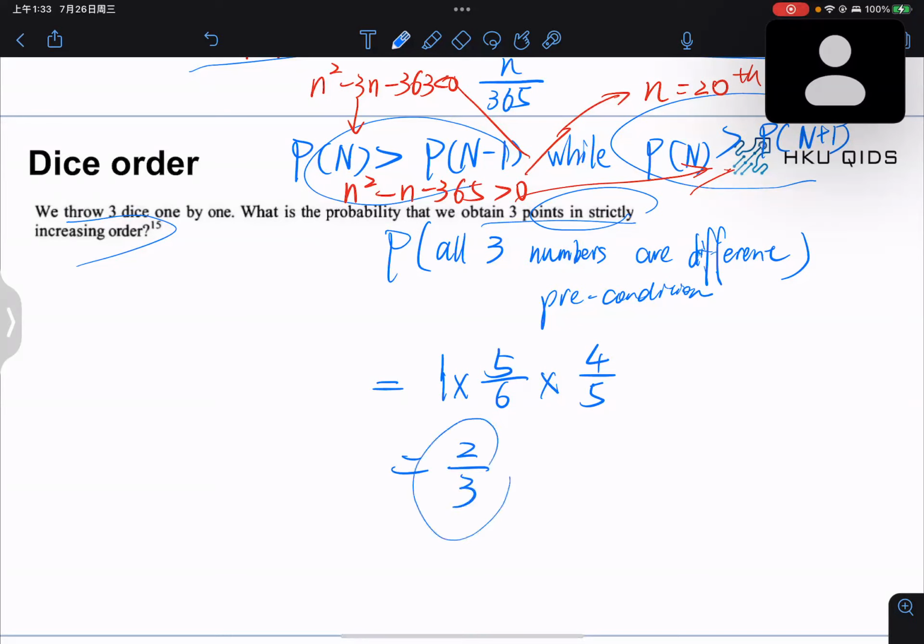And now among them, because it needs to be strictly increasing, there is only one permutation that satisfies this, but in total, how many permutations are there?